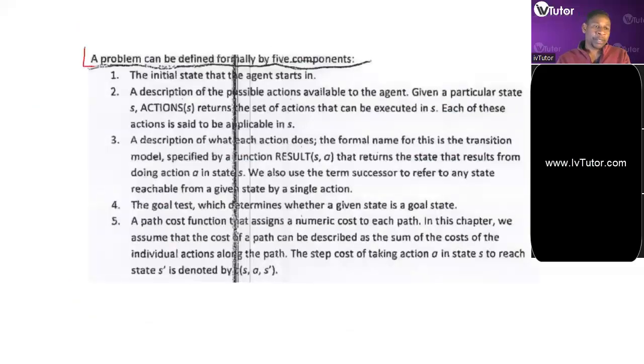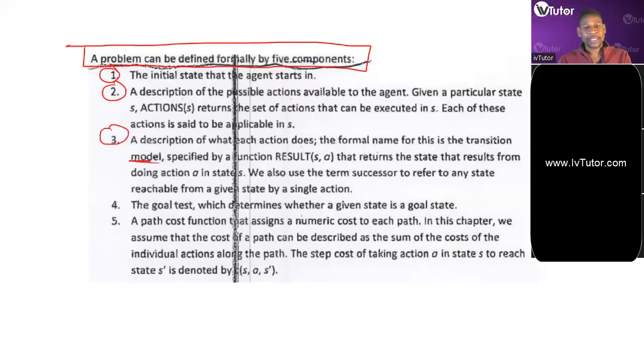And then a problem can be defined formally by 5 components: the initial state, a description of possible actions, a description of what each action does, so that is the transition model. I think it's Jalapedi, you were mentioning this, the transition model. That is what I was looking for.